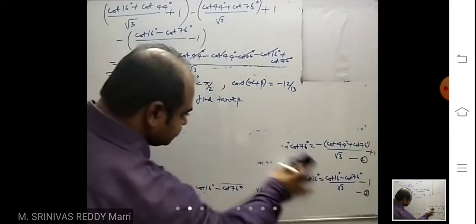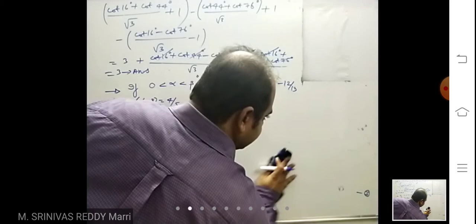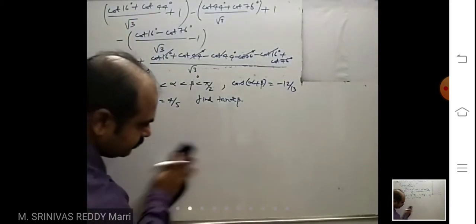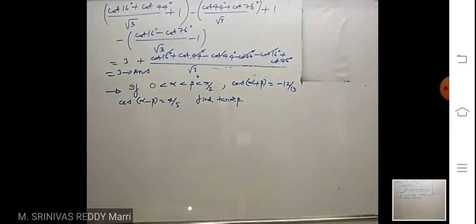Look at the application. Follow carefully. Now cos of alpha plus beta is given.